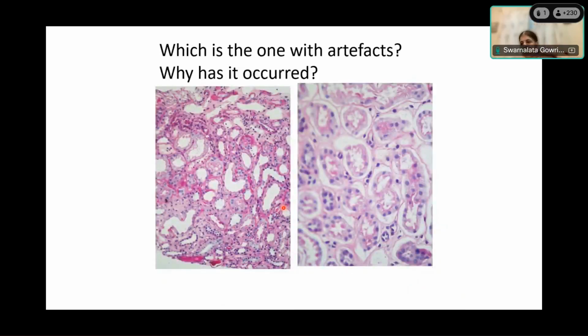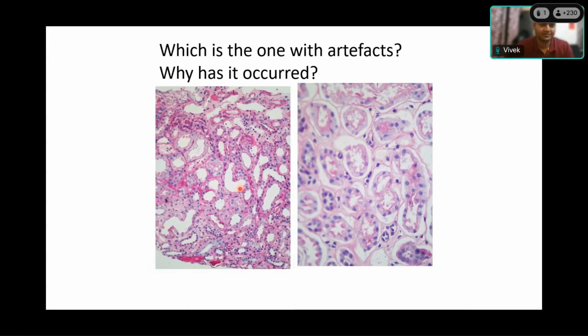Okay, one last question for you. What stain is this? Anybody else? Vivek? What stain is this? PAS stain. PAS stands for? Periodic acid Schiff.